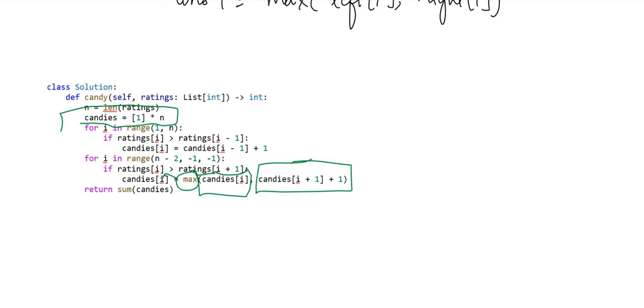We are simply comparing the right neighbor. If it is greater, then we have to increment the value from I plus 1. So that same statement and the left pass value that we already have, we are comparing whichever is the maximum, we are storing back to the candies array only, and then we are returning the sum of that full array.